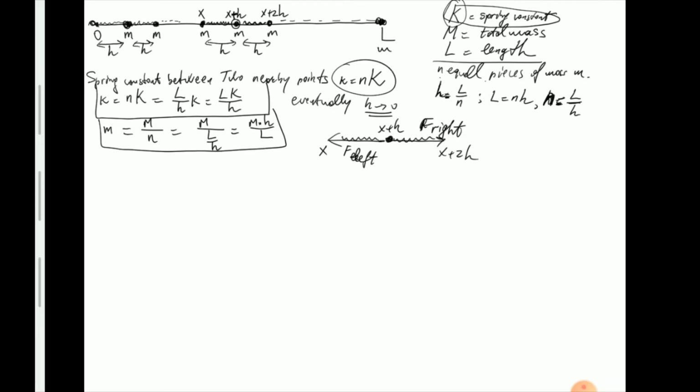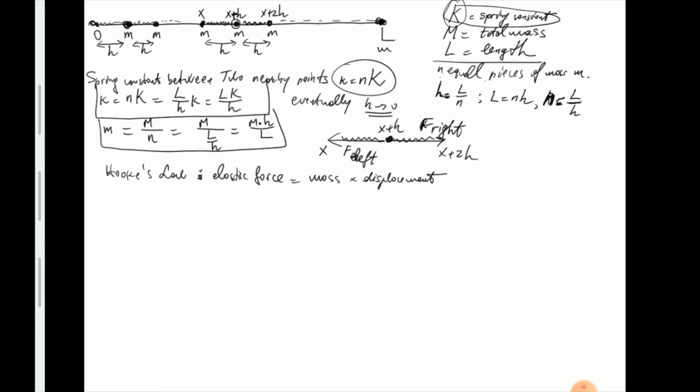Okay, so with that in mind, and remembering that Hooke's law states, let's state it again, that the elastic force is the spring constant times displacement, the equation of motion for this point is the following.